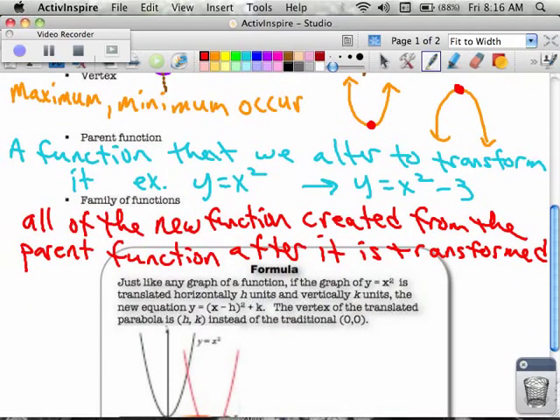So when I look at that y equals x squared, and I move it around, no matter where I move it, if I create 5, 10, 12 different graphs, all of those graphs are considered part of the same family because they all began with x squared and were just moved around. That's a family of functions.